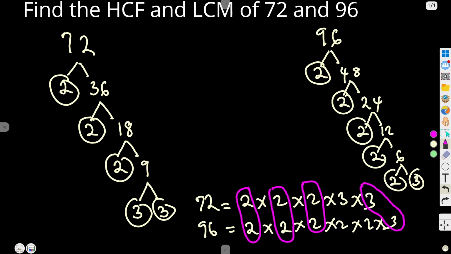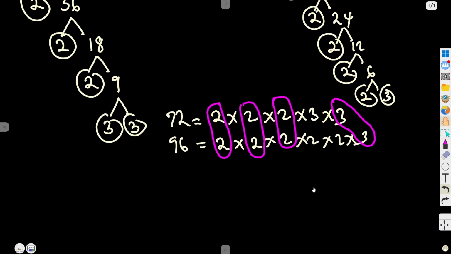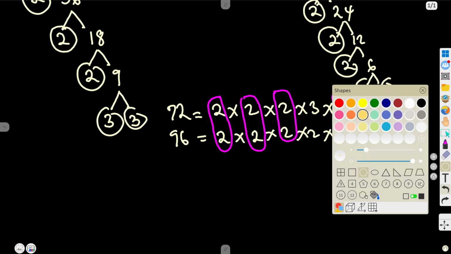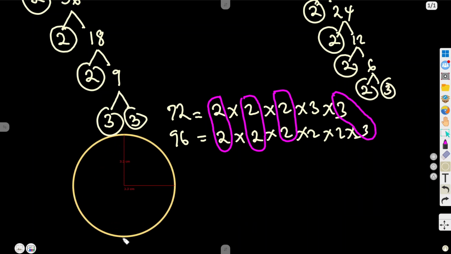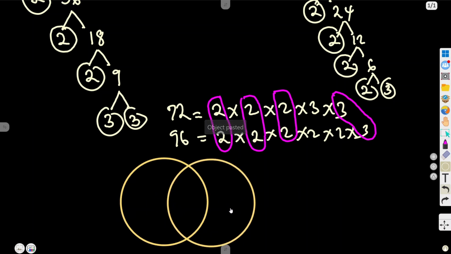So we're going to use the Venn diagram to figure out the LCM or HCF, as the case may be. But I think we have to work out the other question first, which is the HCF. Mind you, this is the LCM for 72, and this is the HCF for 96.